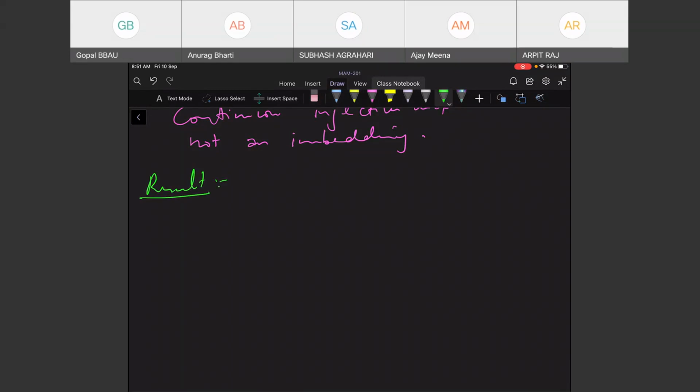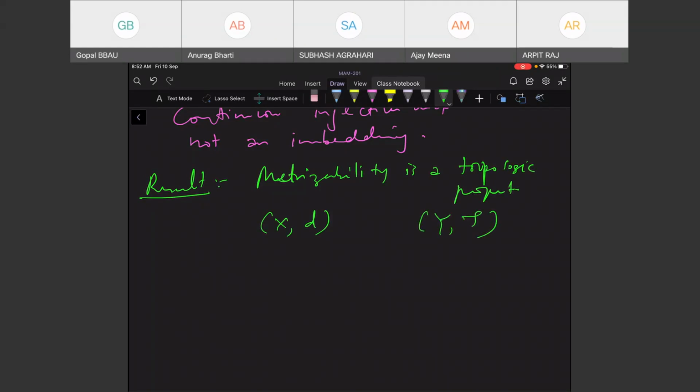Okay, so some results for exercise. Prove that metrizability is a topological property. This means if you have a metric space (X, d), any metric space is a topological space, and you have a topological space (Y, τ).